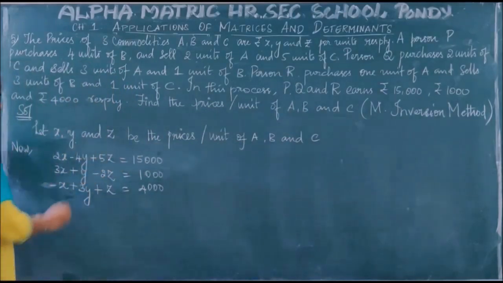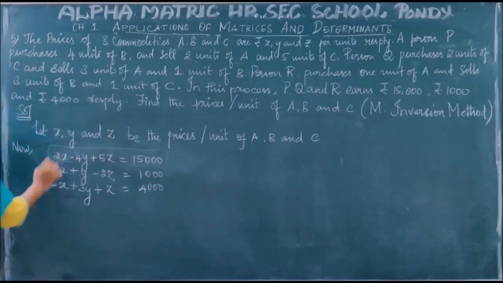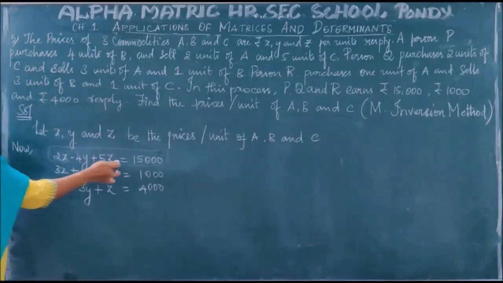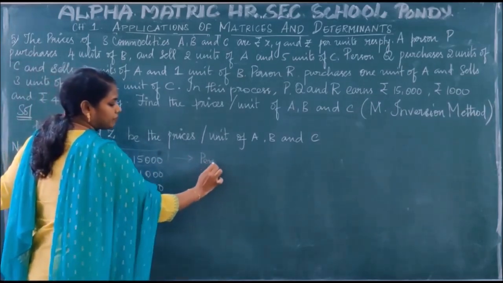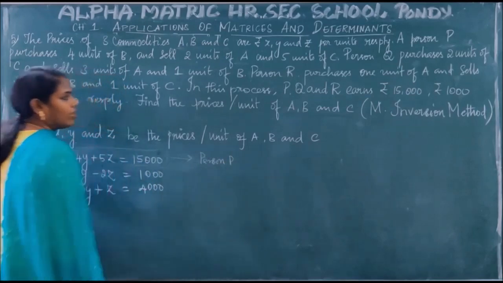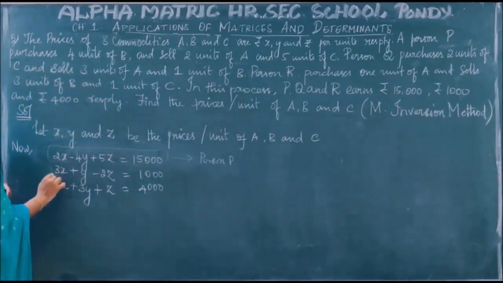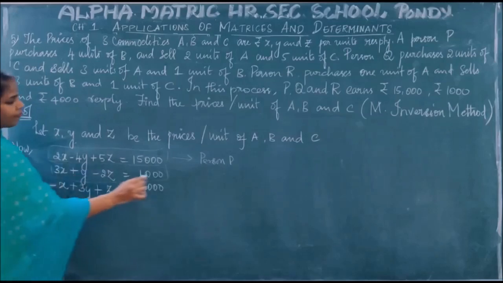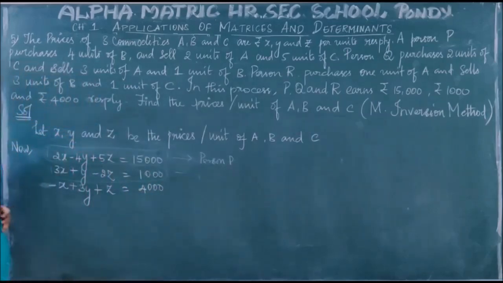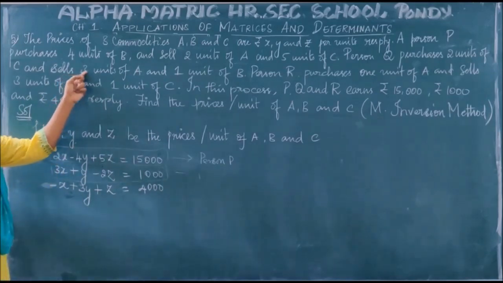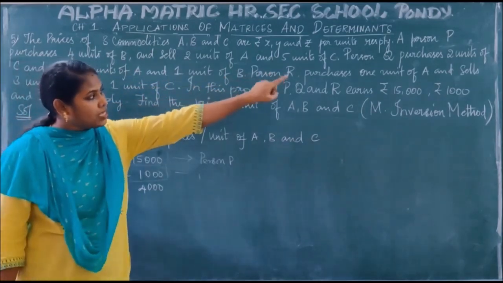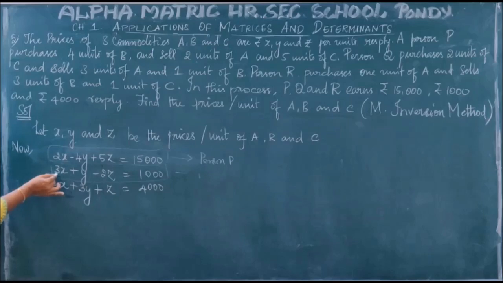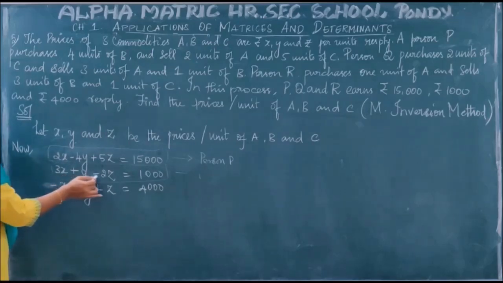So here we are making equations using the given details. 2x minus 4y plus 5z equal to 15,000 is the equation framed for person P. Next, the second equation represents person Q, and the third equation represents person R. Here he sells 3 units of A and 1 unit of B, and purchases 2 units of C, so the equation becomes 3x plus y minus 2z.